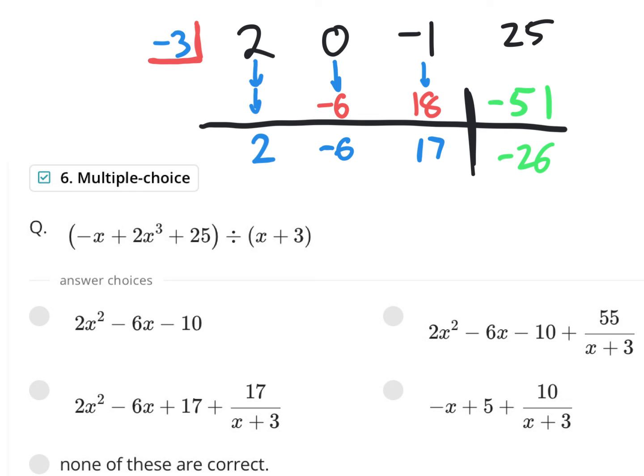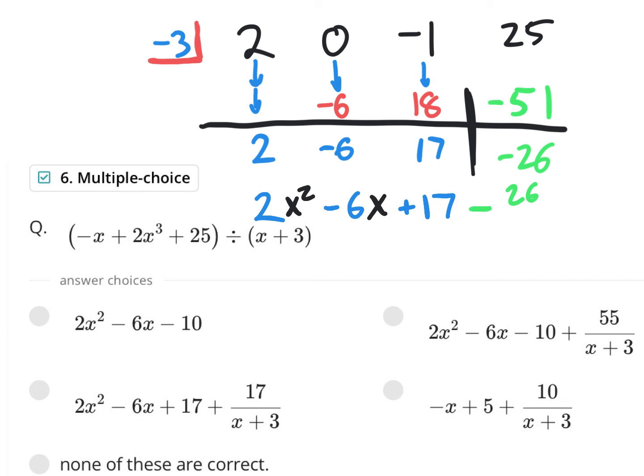So my answer will be the 2 with an x squared on it, the minus 6 with an x, and the plus 17, and the remainder minus 26.